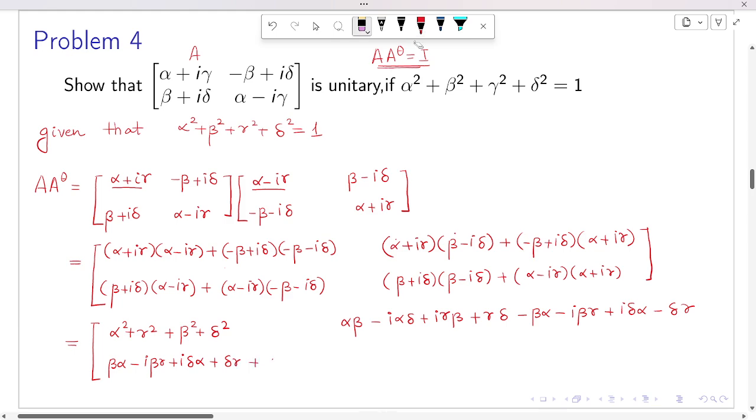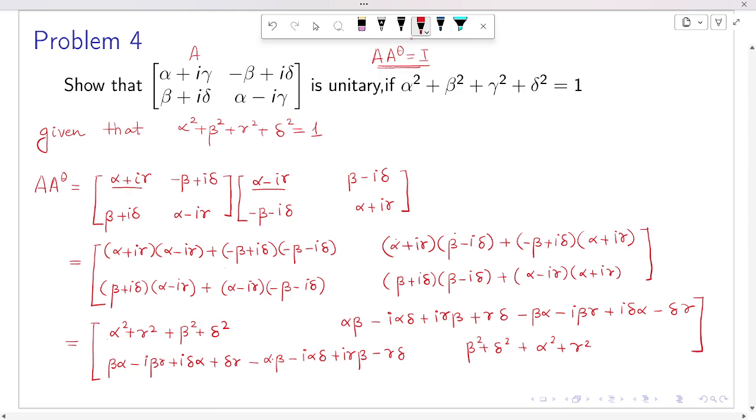Next, minus alpha beta minus iota alpha delta plus iota gamma beta and minus gamma delta, and again this term is beta square plus delta square plus alpha square plus gamma square.